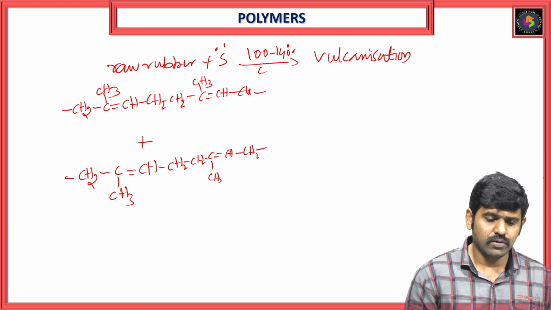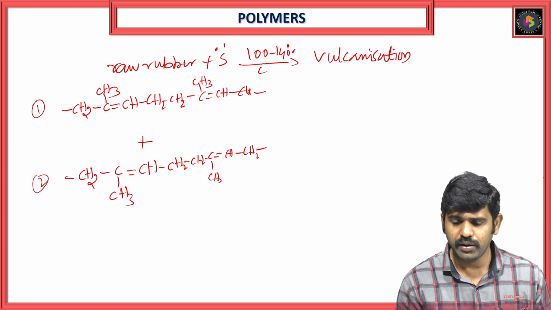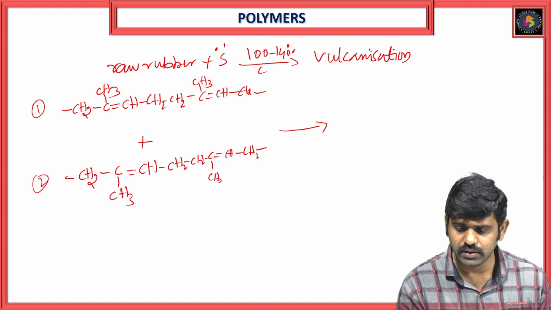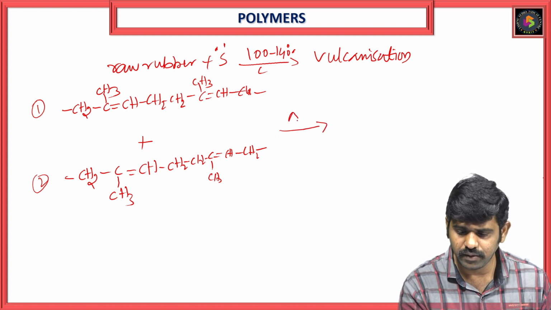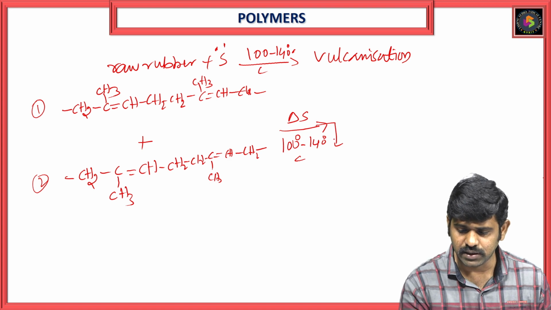Two rubber springs, raw rubber with sulfur heating at 100 to 140 degrees centigrade is known as vulcanization.